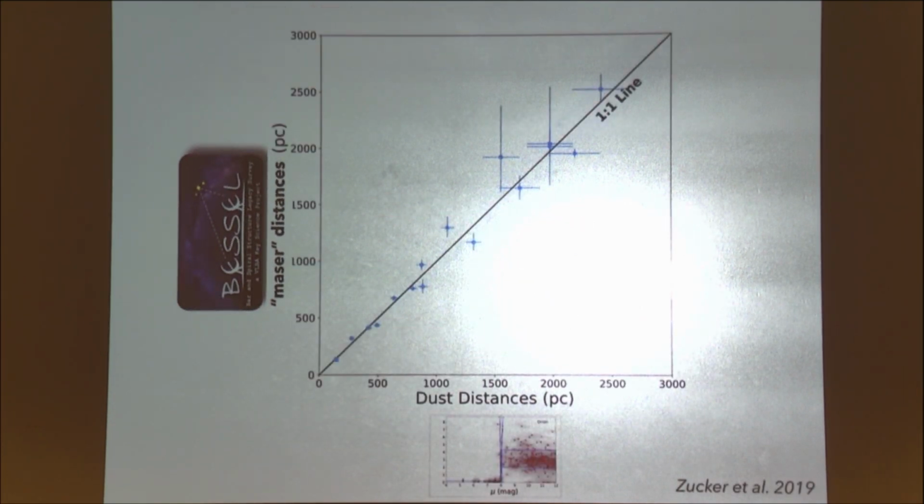So this is the comparison, before I go any further, of the maser distances, the trigonometric parallax distances from BeSSeL, with dust distances where there are shared lines of sight. And I don't know about you, but you don't see this kind of thing in astronomy very often. Scary. Yeah, you were going to say something. And the dust distances are from the technique that I'm going to finally explain in about two minutes.